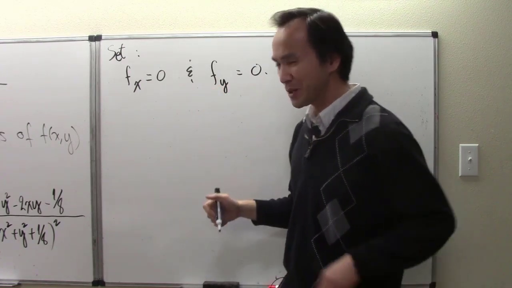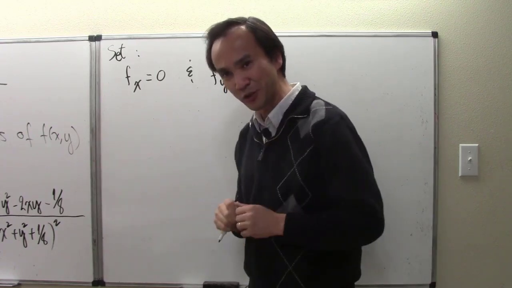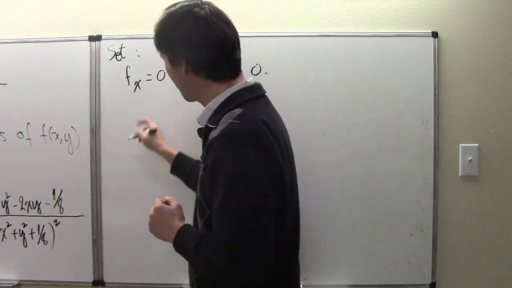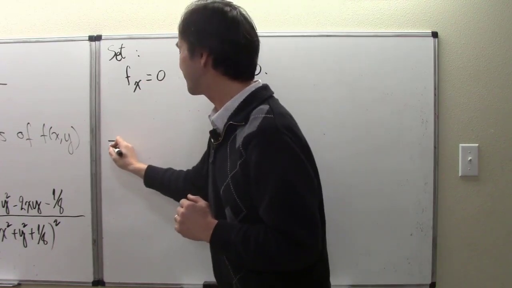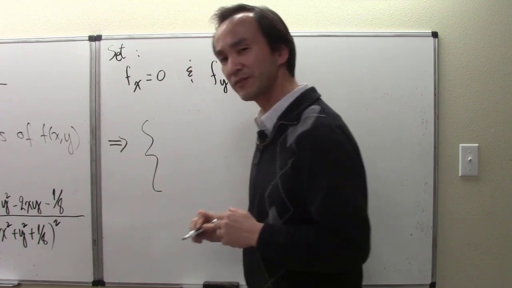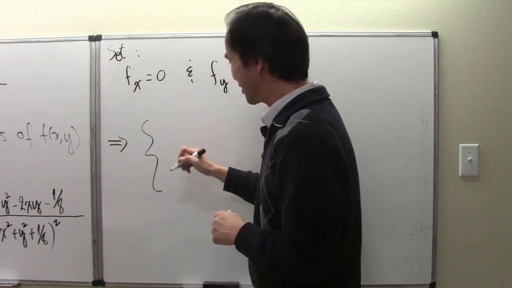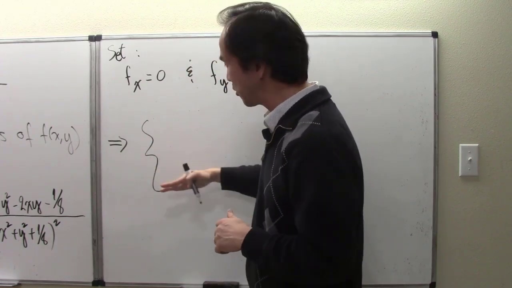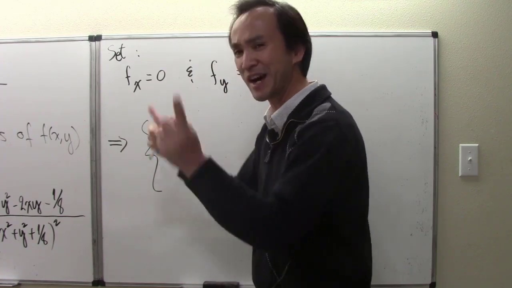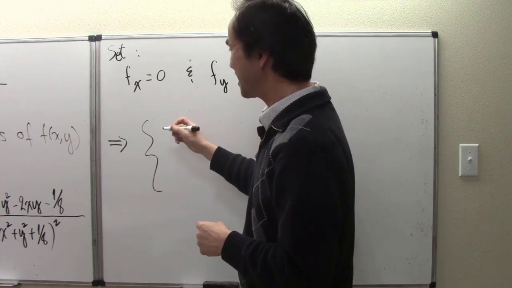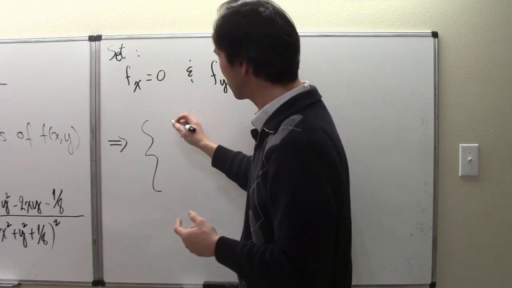So provided the two partial derivatives already found, right from this fundamental logic, we are leading to a system of equations. It's just my style that I write a system of two equations and use curly braces to tie them together. So we need to find simultaneously all those pairs x and y satisfying.